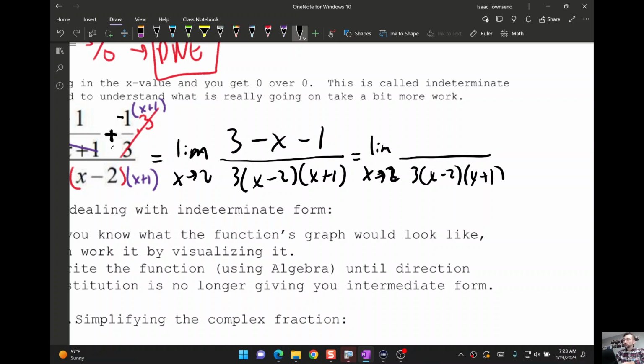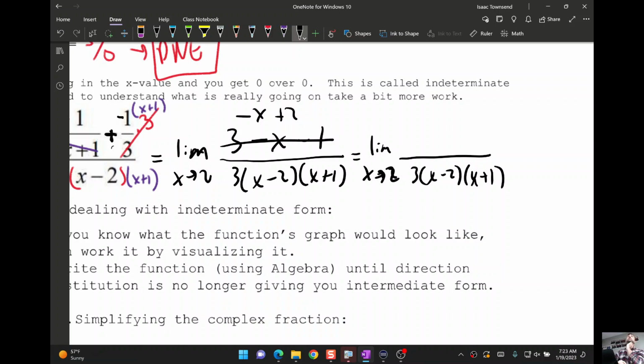So I need to work with this numerator a little bit and see if I can make it look like an x minus 2 or an x plus 1 so that something cancels. So one thing we could do is say 3 minus 1 is 2. Now this almost matches up with this. What's different about them though?